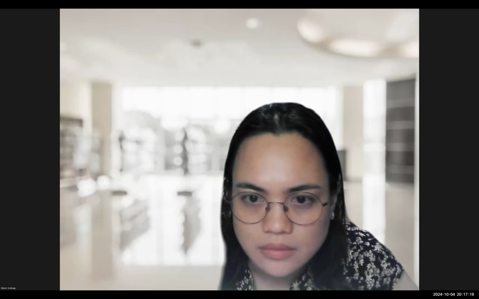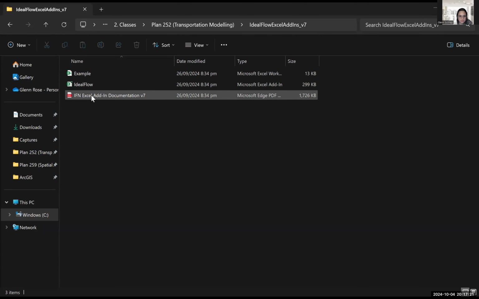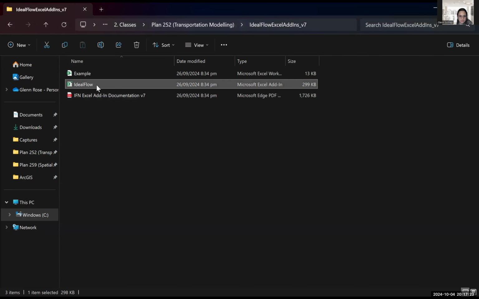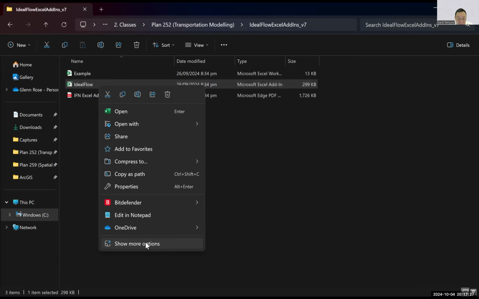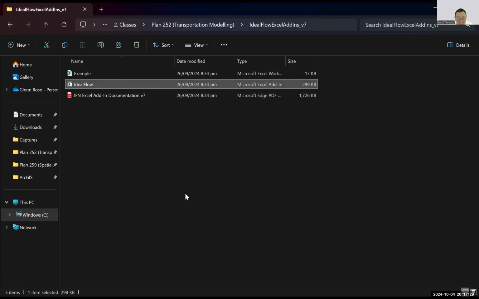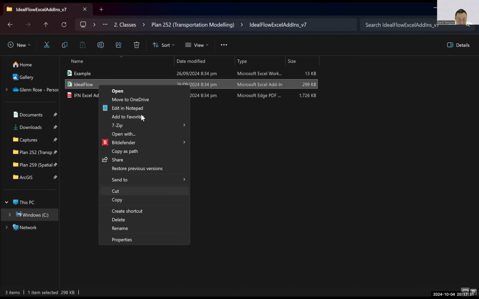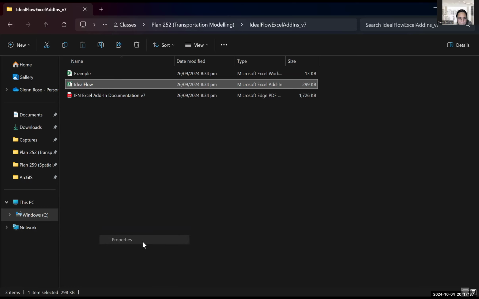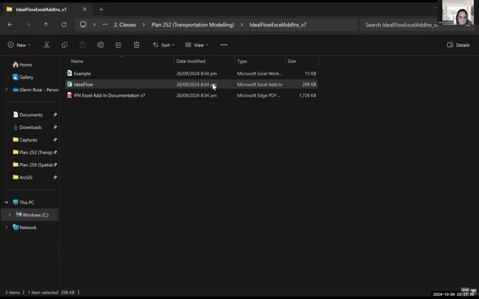Right click on that. Okay, show more, and properties down at the end. Yes, and then in general, oh, I cannot see.